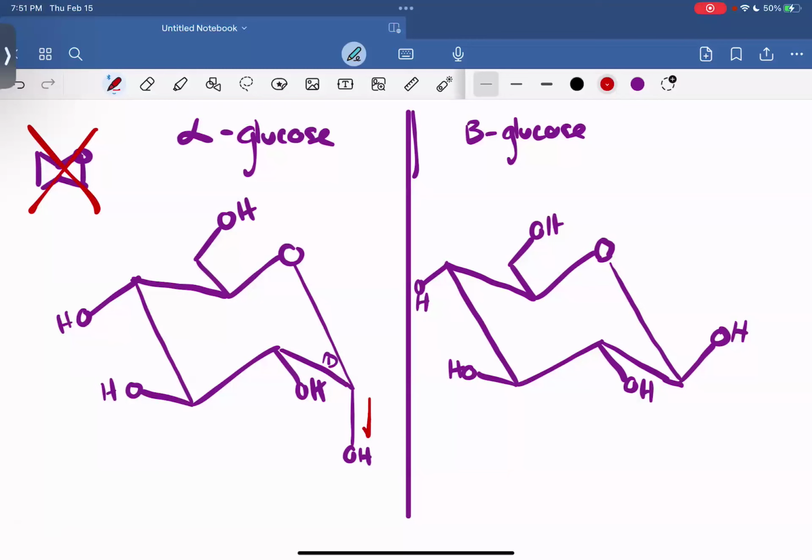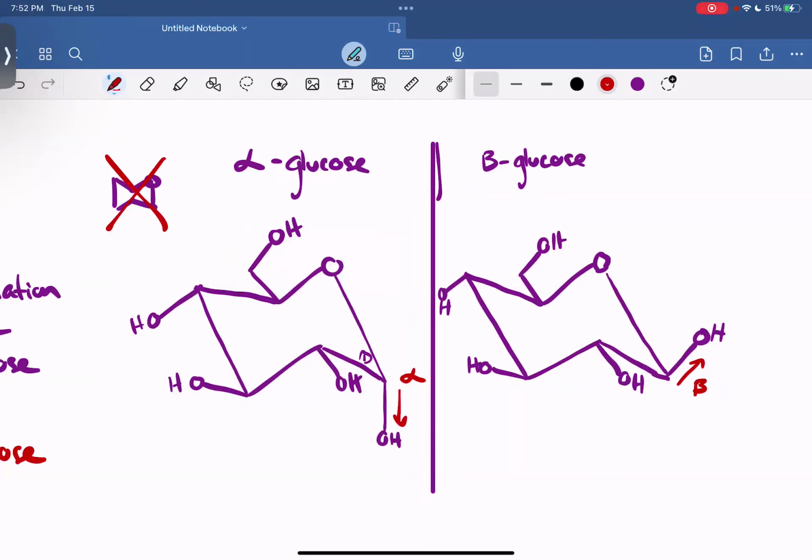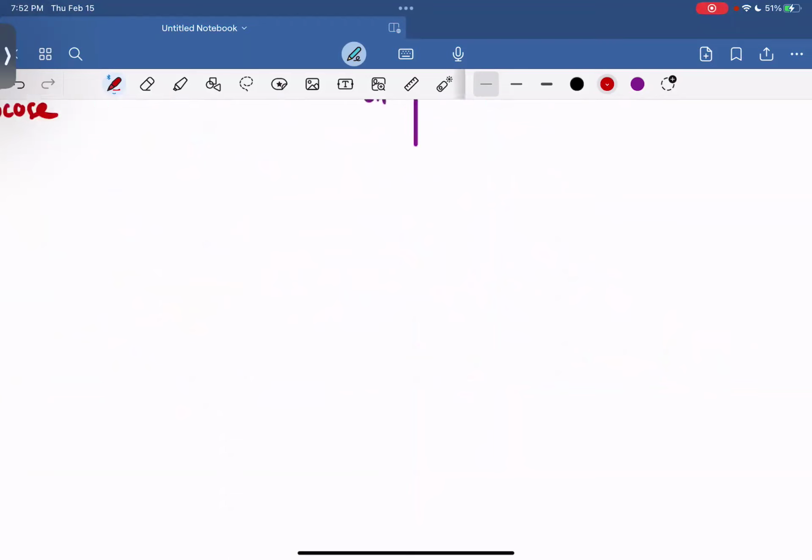So that is going to be alpha, and this direction is going to be beta. Okay, great.